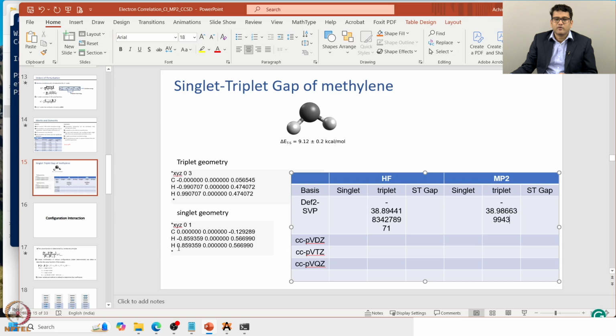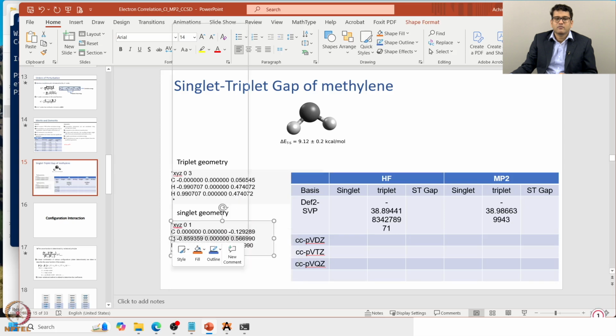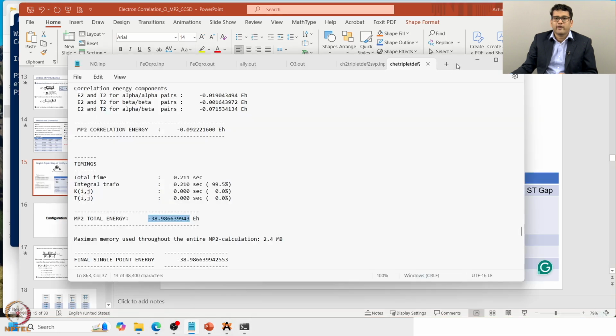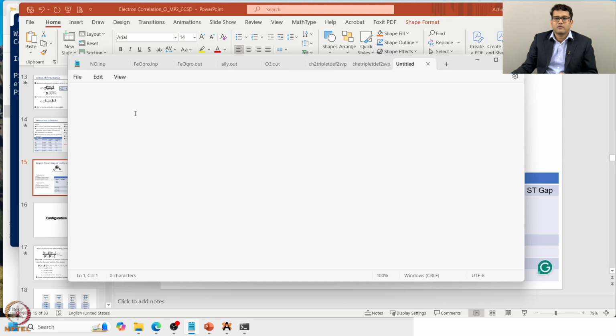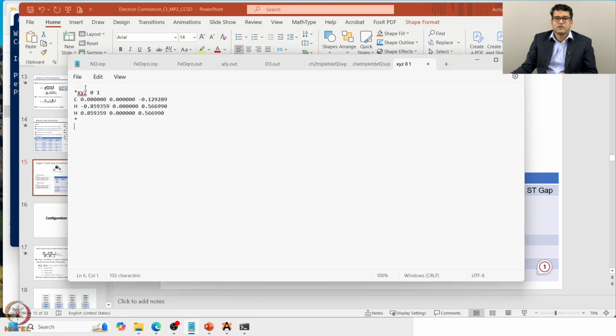Now, let me copy the geometry of the singlet and repeat the exercise. Let me go to the notepad and paste it.